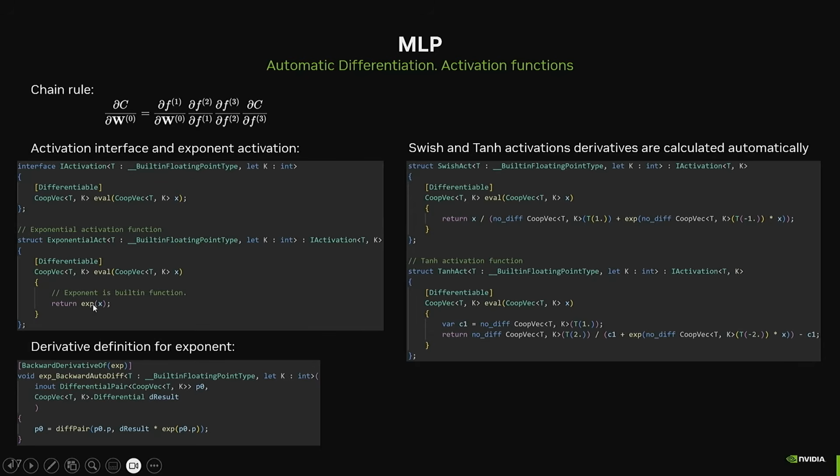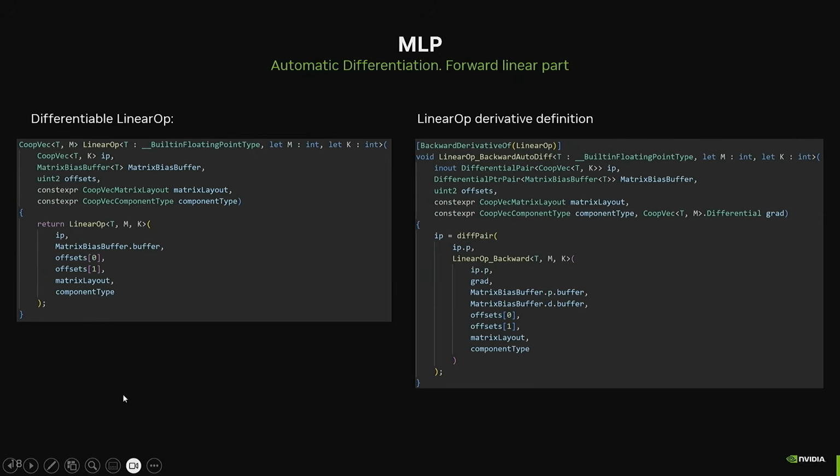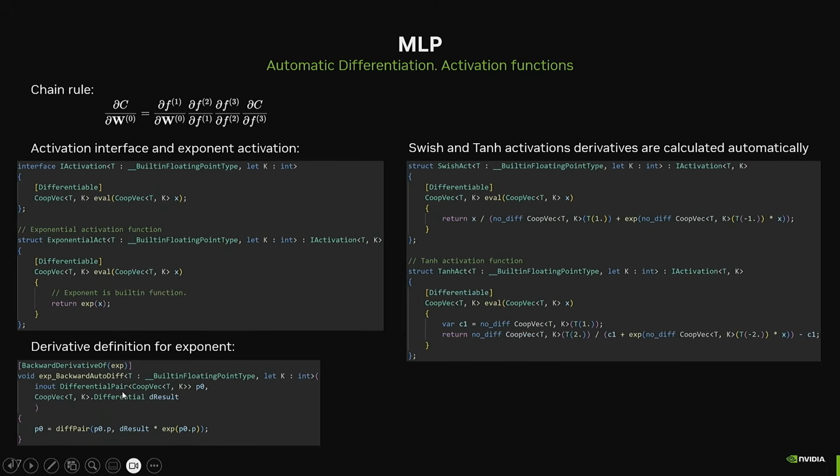Exponent is a built-in function, so Slang knows how to calculate it, but it doesn't know how to calculate the derivative of exponent, so we need to define it. We do it by putting the keyword backward derivative and pointing it to the original function, exponent. Now we define how to calculate the derivative in this case. Instead of just a cooperative vector input parameter, we now have a differential pair.